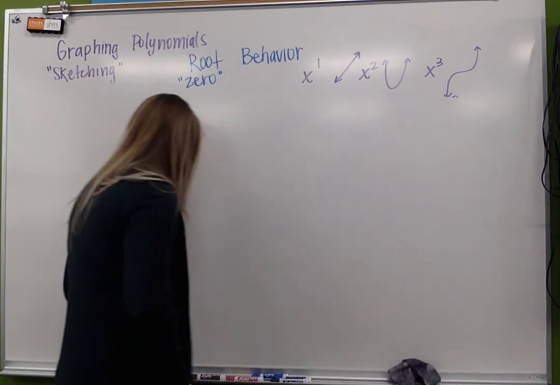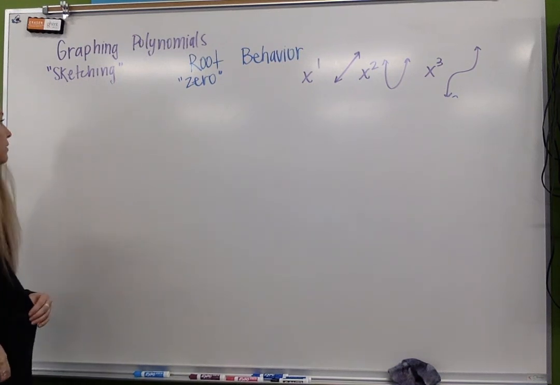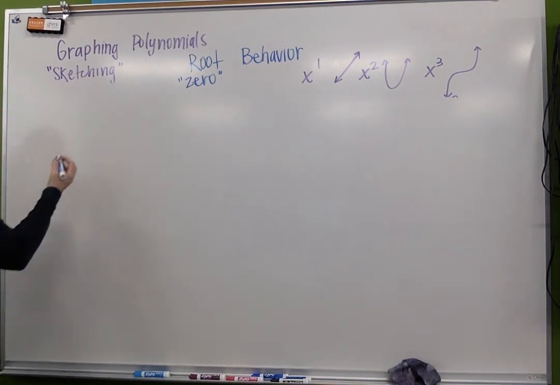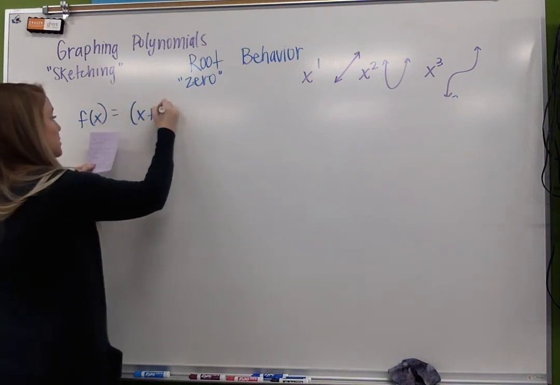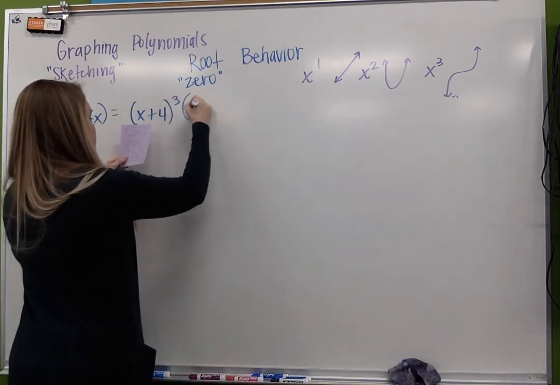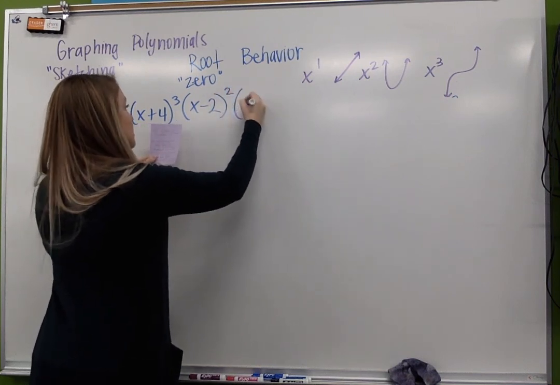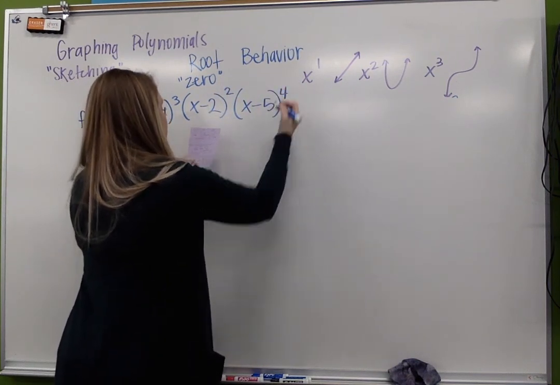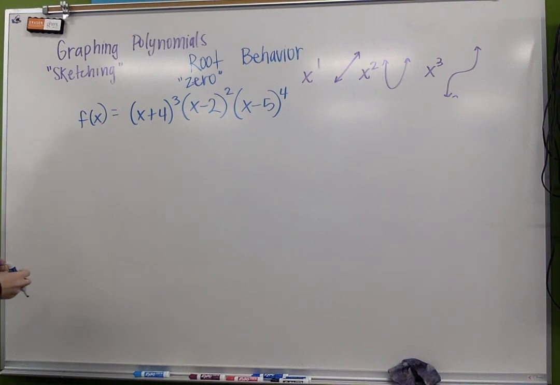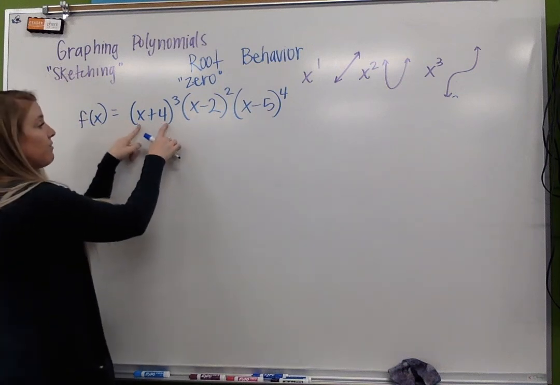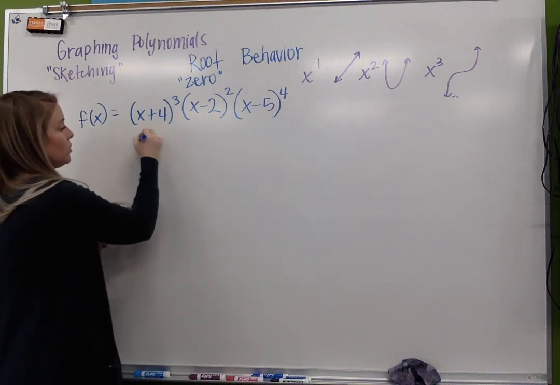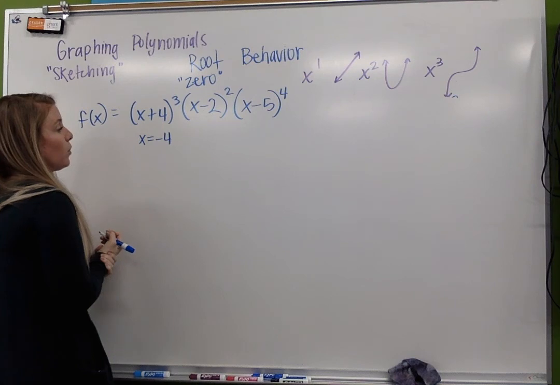So one more quick example. We're going to look at f of x equals x plus 4 cubed times x minus 2 squared times x minus 5 to the 4th. All right, so we could start by just looking at each individual zero. So here my factor is x plus 4, which gives me a root of negative 4.